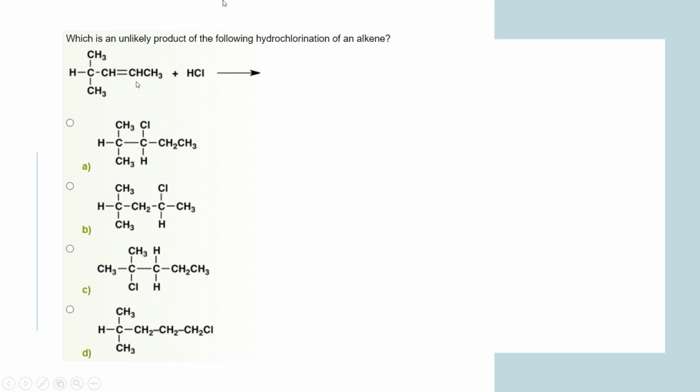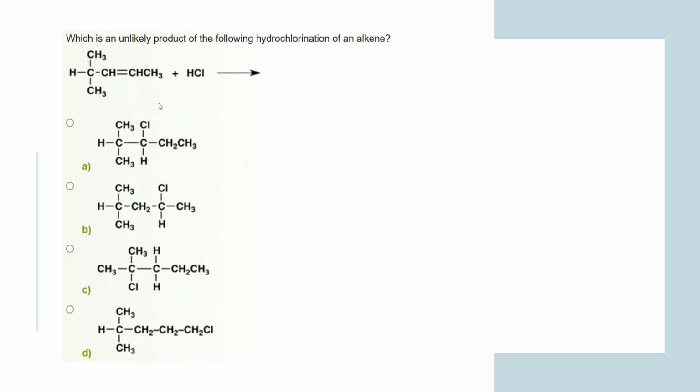Suppose we introduce the H plus at this carbon. In that case, we are going to get the carbocation here, and that carbocation is going to be attacked by Cl minus, and you will get A as the product. So A is possible as the product for this hydrochlorination.